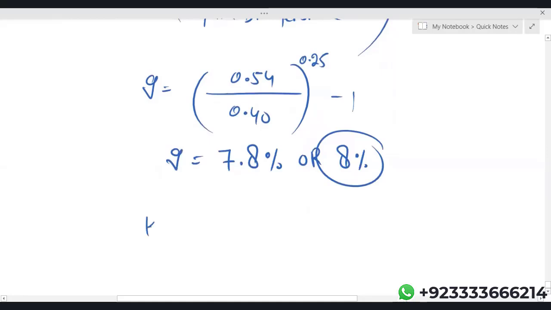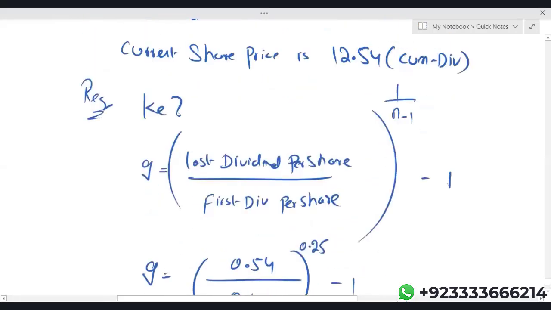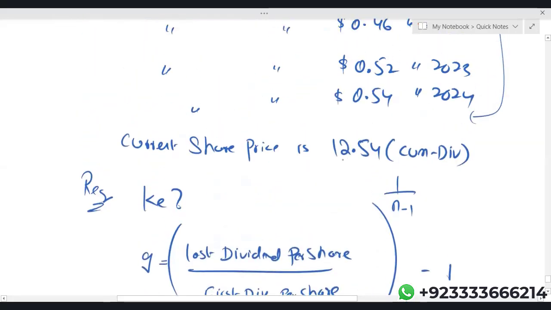Now, the current dividend is 0.54. If someone is working on 8%, someone on 7.8, all are acceptable. Please do not get confused in that. Current share price: can I say, students, the current share price will be 12? Because in the DVM formula, we use the ex-div price, so we have to deduct the dividend.